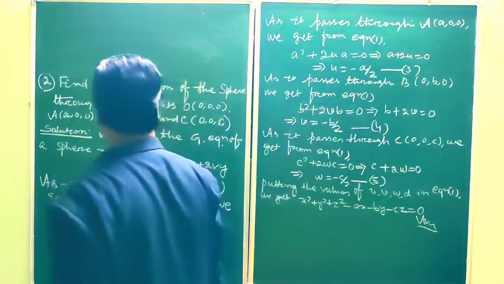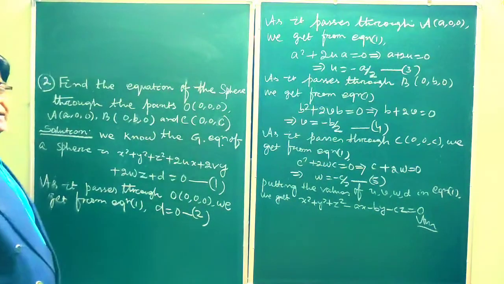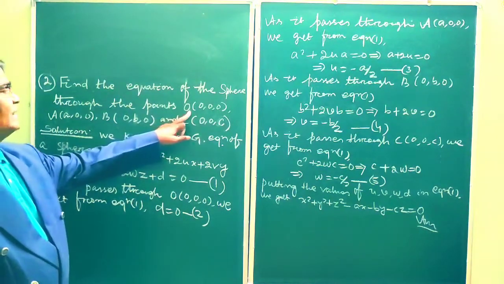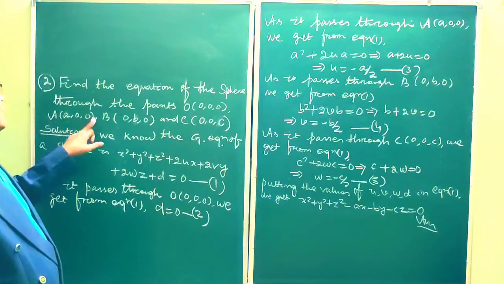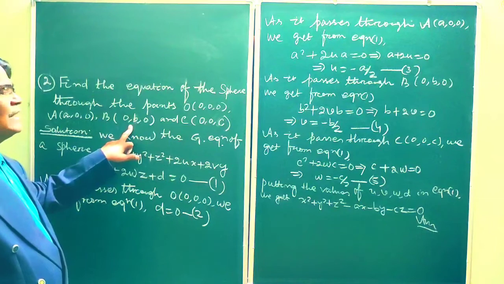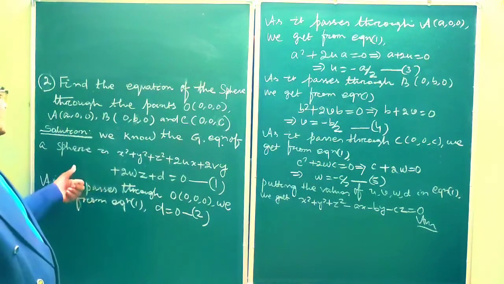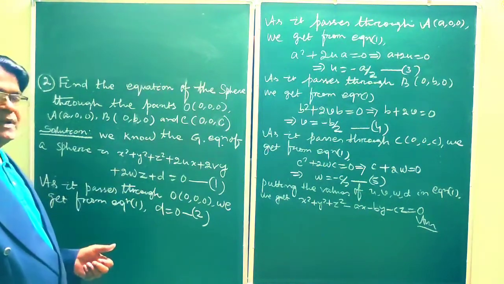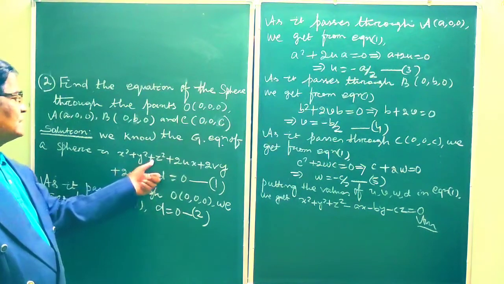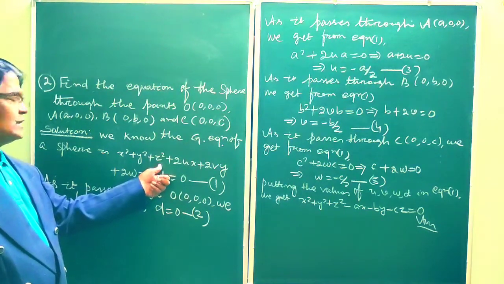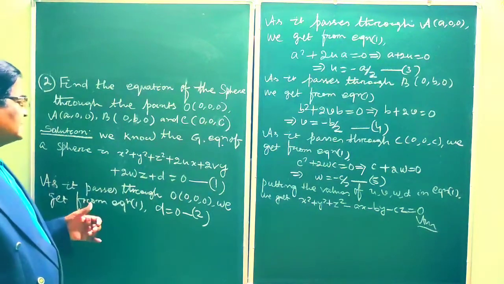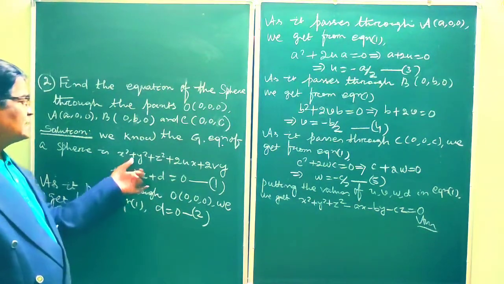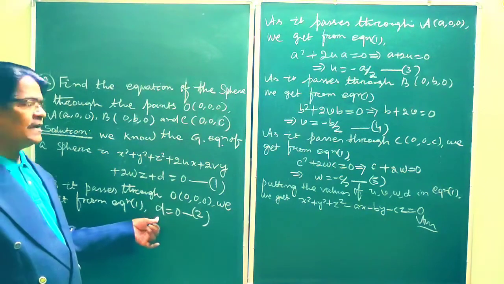Here the question is, we have to find the equation of the sphere which passes through origin, A of a, 0, 0, B of 0, b, 0 and C of 0, 0, c. So we know the general equation of the sphere, x square plus y square plus z square plus 2ux plus 2vy plus 2wz plus d is equal to 0. As it passes through origin, putting x, y, z as 0, 0, 0, we get d is equal to 0.